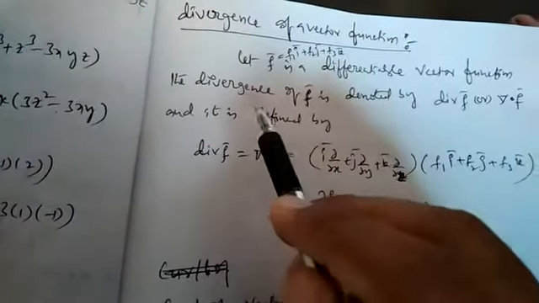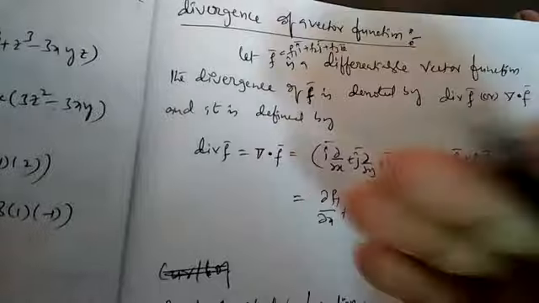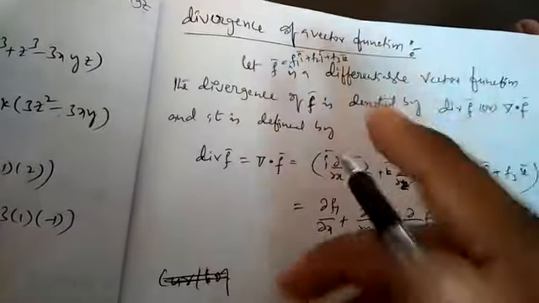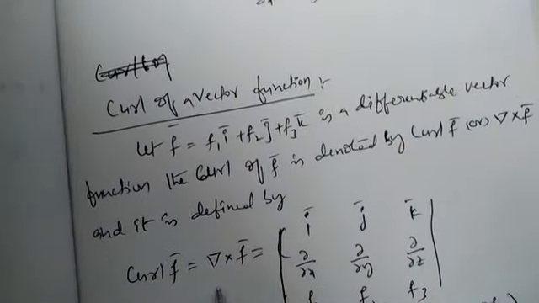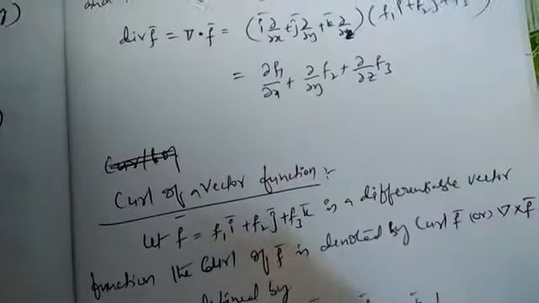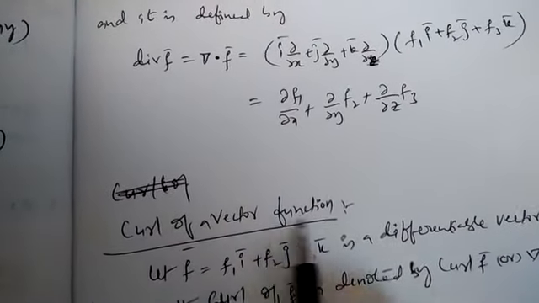Del is a vector and f is a vector. Then we have two ways to apply it. First one is using dot, second one is using cross. If you use dot, that is known as the divergence of a vector function. If you use cross, that is known as the curl of a vector function.